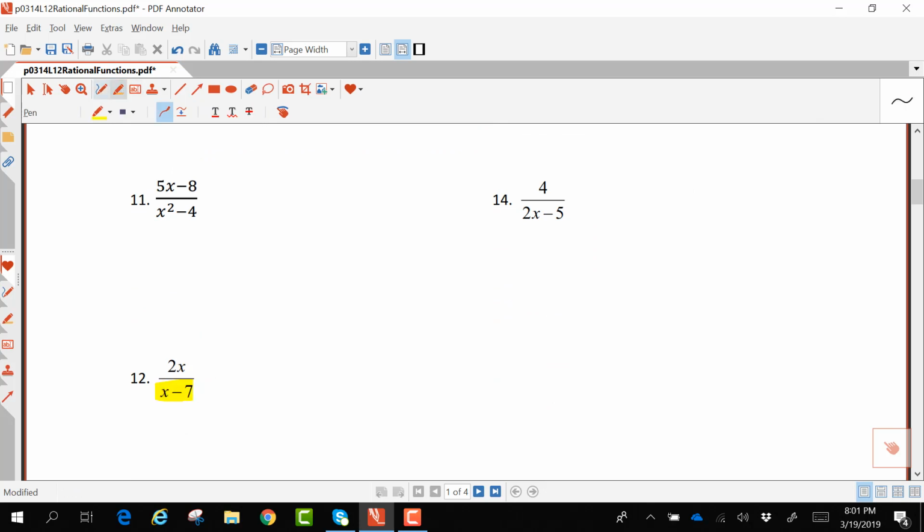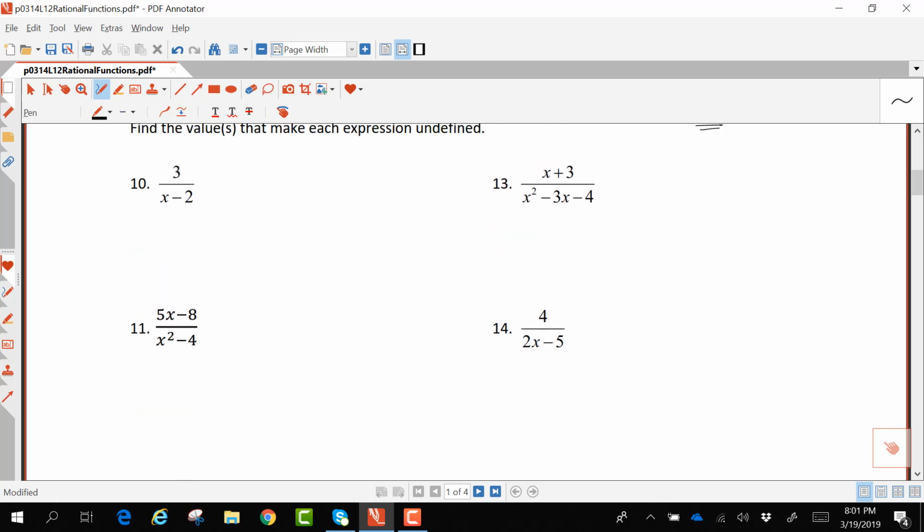So on number 12, if x equaled 7, this would be 7 minus 7, or a 0 in the bottom of the fraction. So you do not want the number 7 in that rational expression. Number 13 may be a little more difficult to just determine using mental math or pondering it in your mind to come up with the x values that make that polynomial equal to 0.